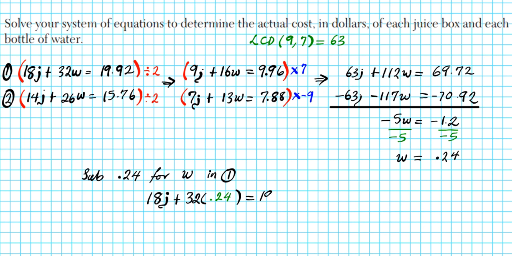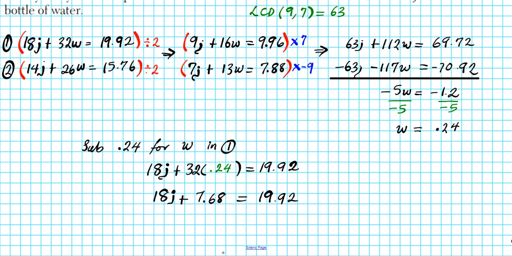equals 19.92. And then this becomes 18j plus, if you multiply this out with your calculators, you get 7.68 equals 19.92. Then we'll subtract 7.68 from both sides of the equation.